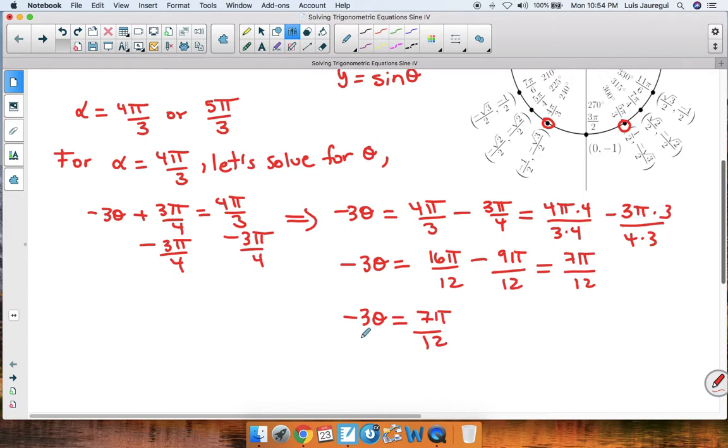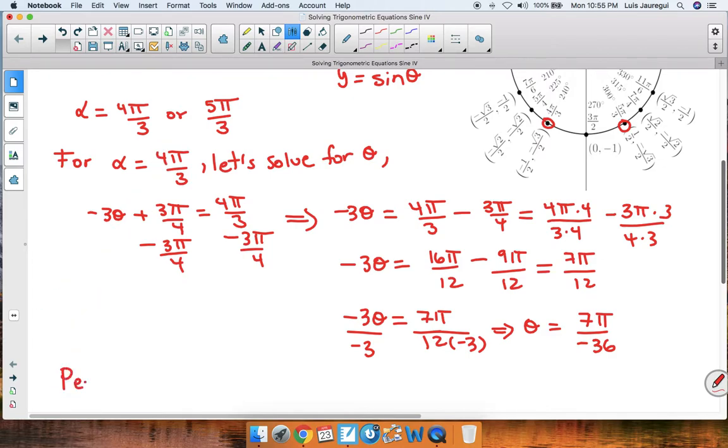Now, solving for theta requires us to divide by negative 3 on both sides of the equation. Hence, you get that theta is equal to 7 pi over negative 36. However, this doesn't satisfy our given constraints, since theta is to be between 0 and 2 pi. So what we need to do is to look at the period of our function.